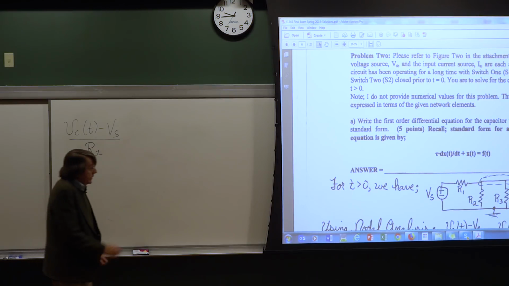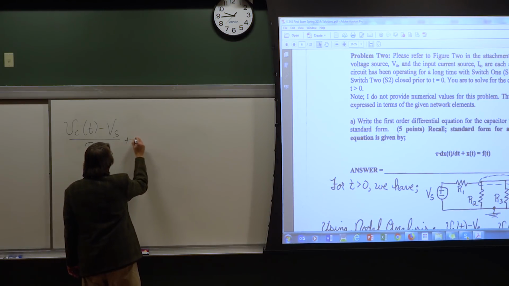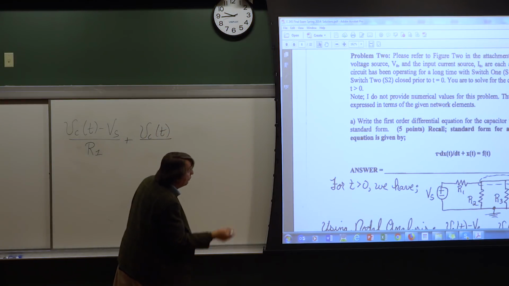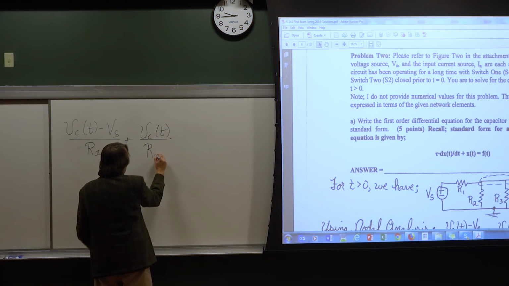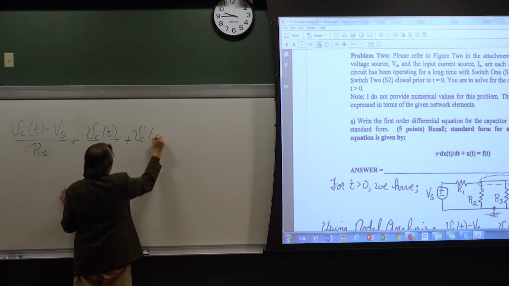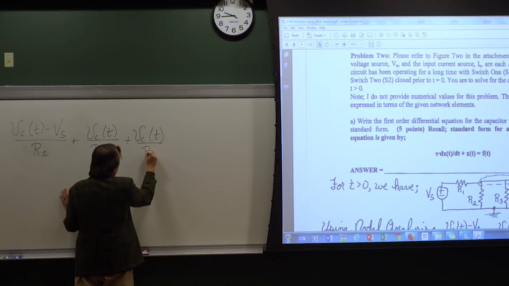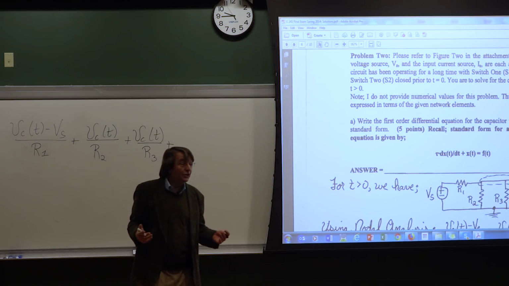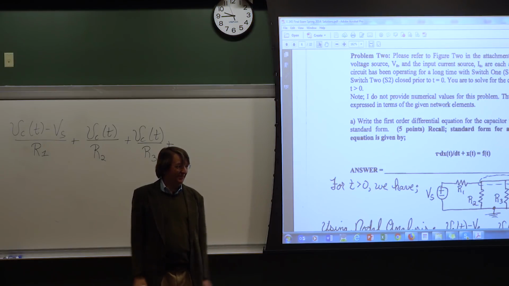Next, V sub c of t over R2 plus V sub c of t over R3. And now I need the current through the capacitor. That's easy. We chant: I equals C dV/dt.